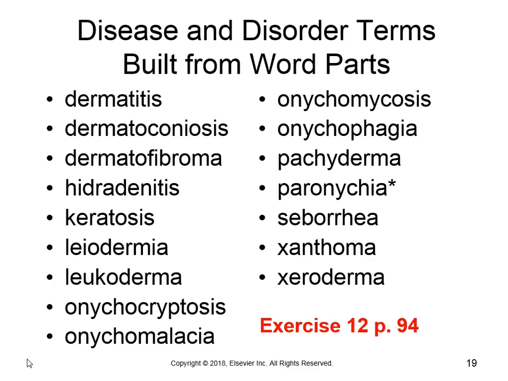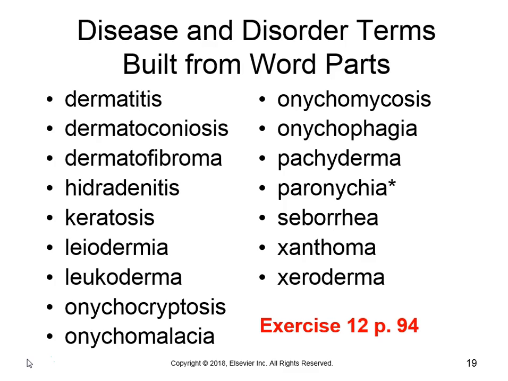For example, onychocryptosis literally means an abnormal condition of a hidden nail. What that translates to in layman's terms would be an ingrown nail, one that's growing so that you can't actually really see it. If you have soft nails, then you could have onychomalacia. If you have a fungal infection of your nails, you can have onychomycosis. If you're a nail eater, then that's where you get onychophagia.